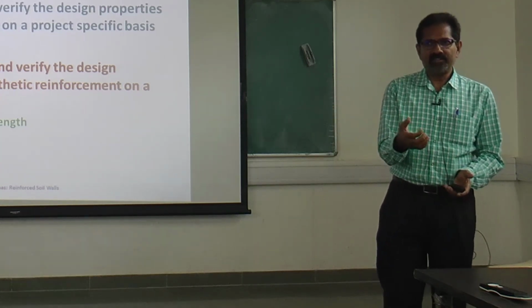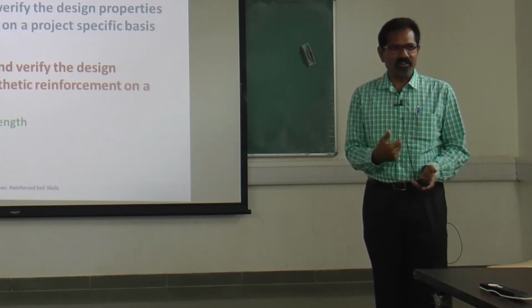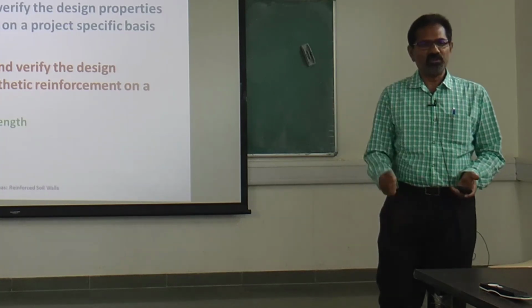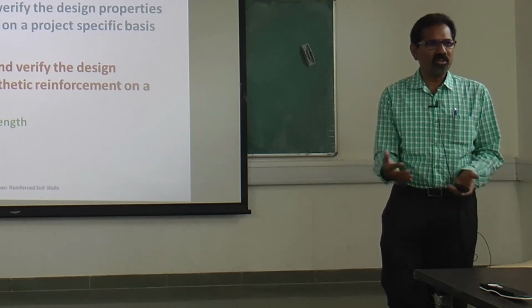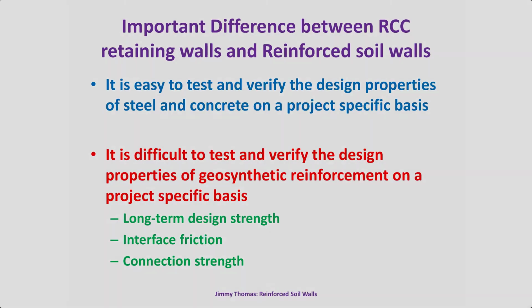Once we get the compressive strength, then bond strength, shear strength, everything comes from that. And we can do it at a site. For any cement, I can always do a cube test, no problem. But here, the design is based on the long-term design strength. That means creep, durability, installation damage all come from very complicated tests, time consuming as well as very expensive. So for each project I cannot do that.